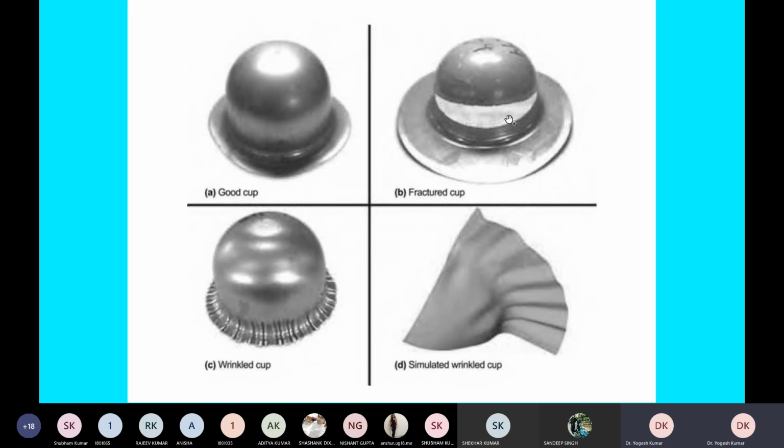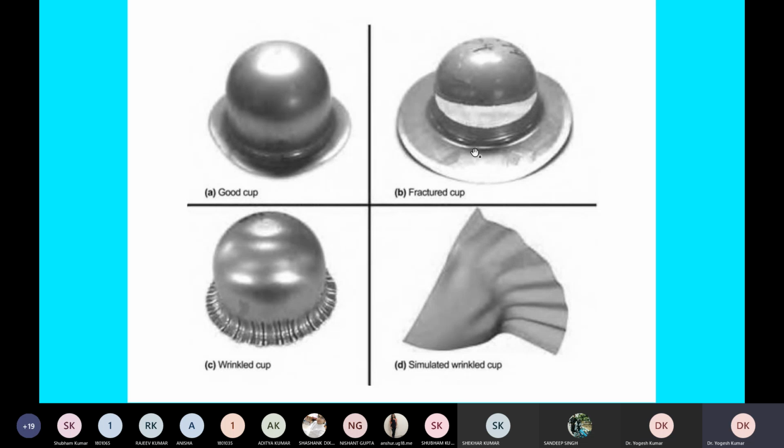Okay, you can see in this figure. As well, if the proper blank holding force is not there, then there may be wrinkles on the surface of your final product. Okay, so this is some part which has been shown through simulation software. Okay, I have taken this diagram from a book.